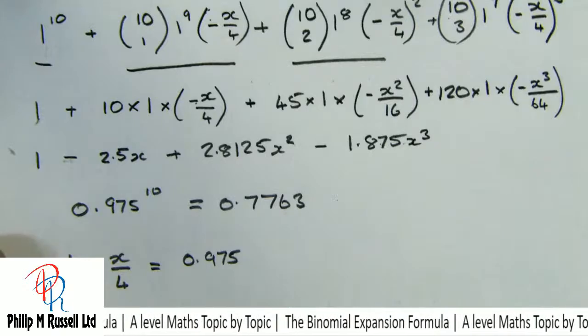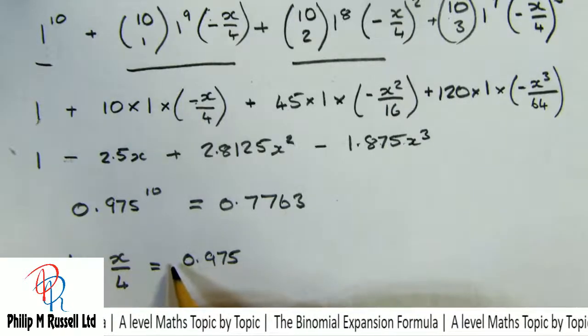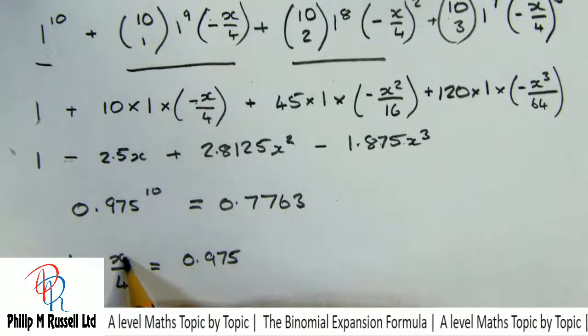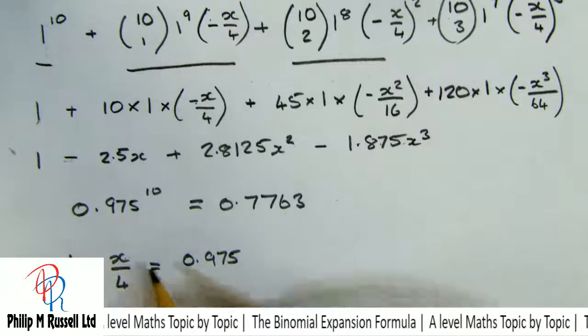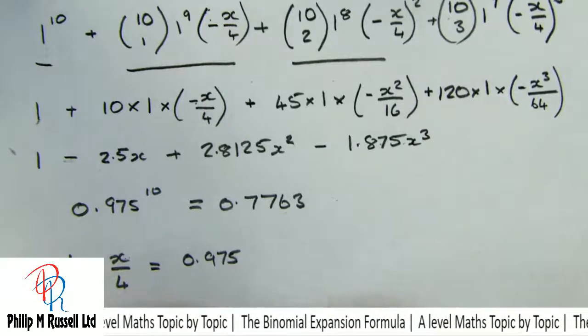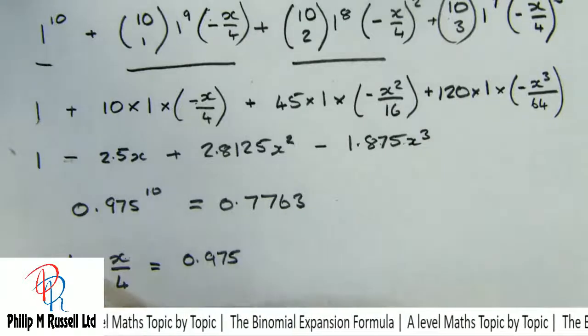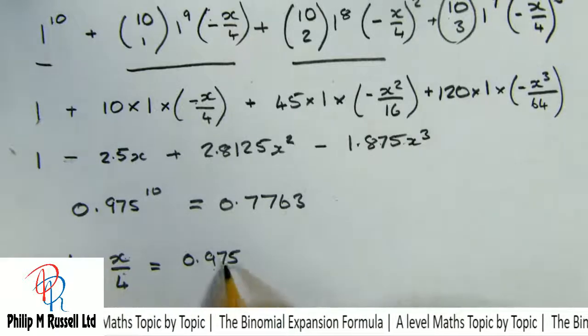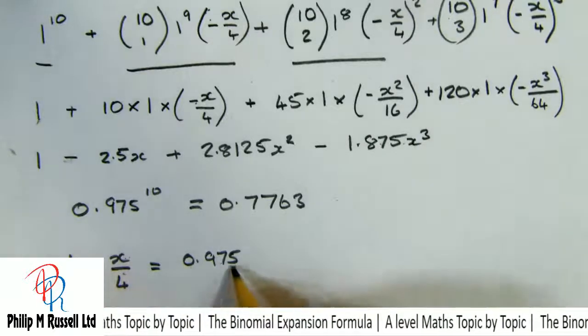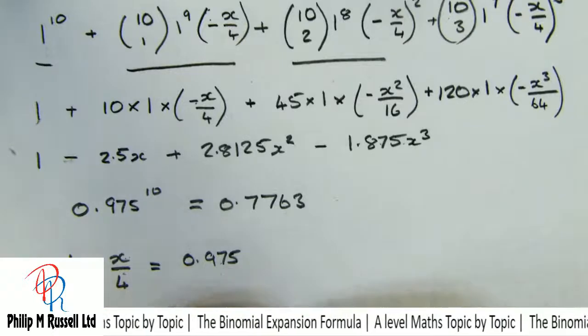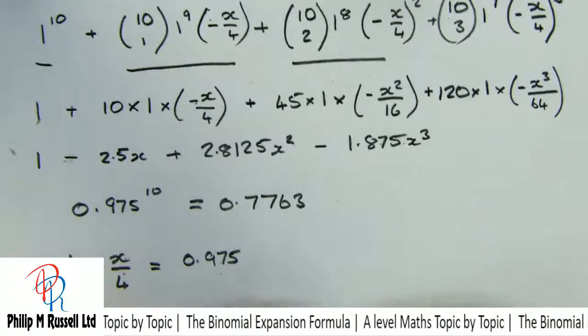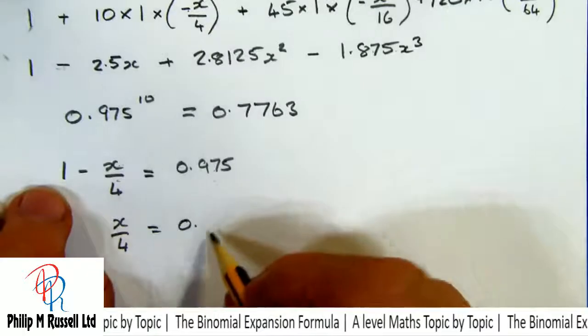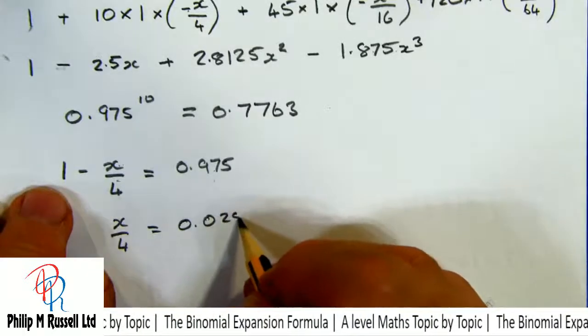So my value of this, if I'm just going to work out what x over 4 is going to be, is we're going to take that over there, bring it over there, so it's going to be 1 minus that number, which is going to give me 0.025.